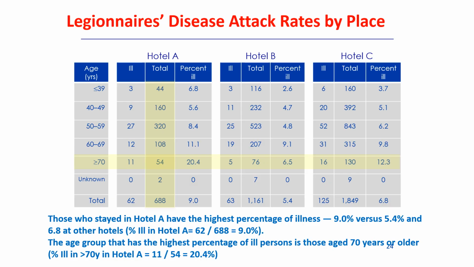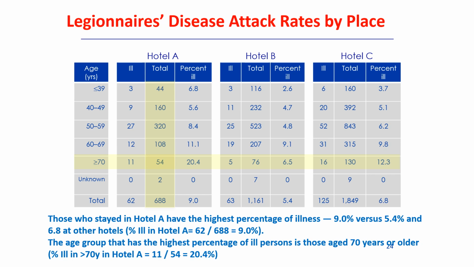When we look at absolute numbers of cases, it is not always very informative when we analyze data for an epidemic. We always need to calculate a rate.